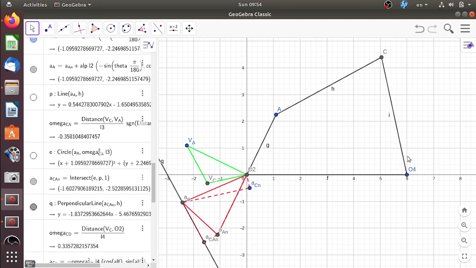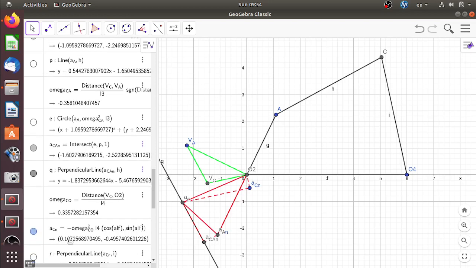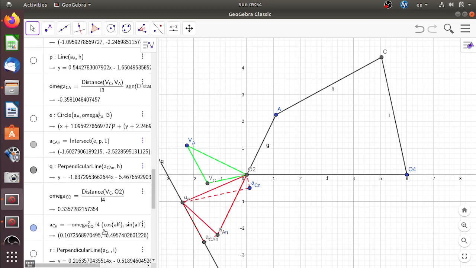So to calculate omega 4 I have to choose this velocity, from 0 to Vc, so that's what I have done. I have calculated the omega c, and from omega c I have calculated the normal component. See this point, this normal component I have calculated.